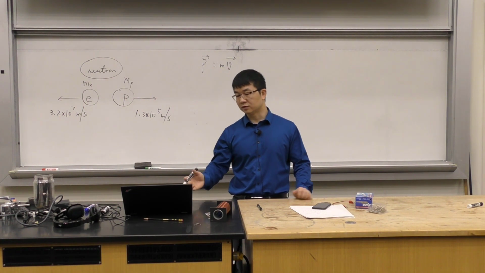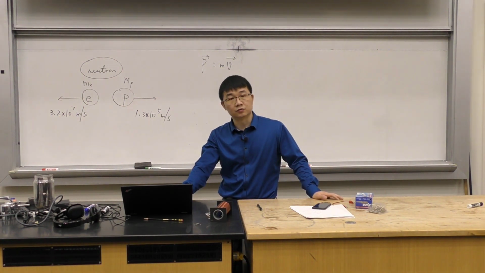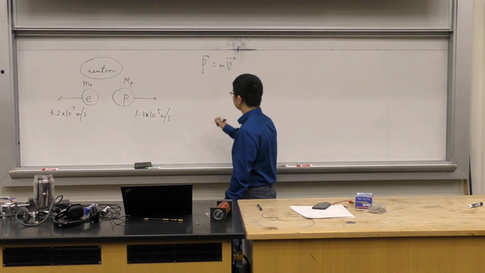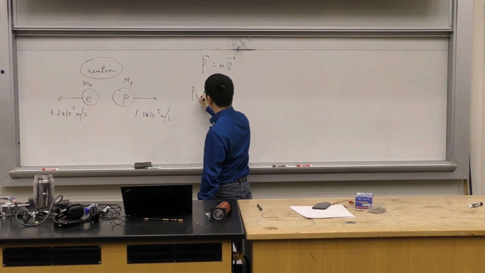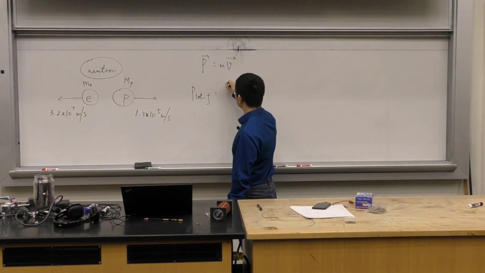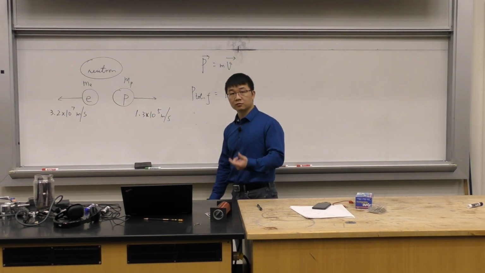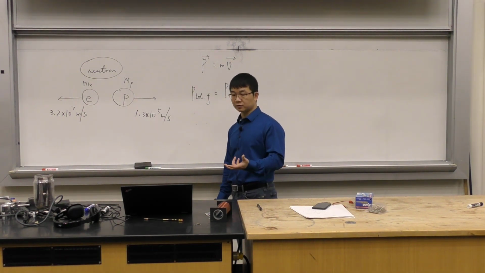That's why the problem even said to assume the proton is moving in the positive direction. So if you want to find the total momentum after the decay, which is the final, you're going to do the momentum of the electron plus the momentum of the proton. Assign the correct signs, and add these two numbers together.